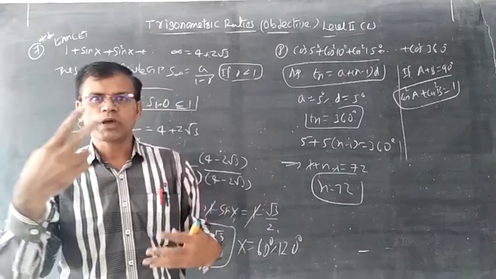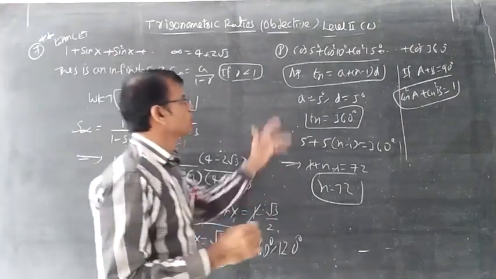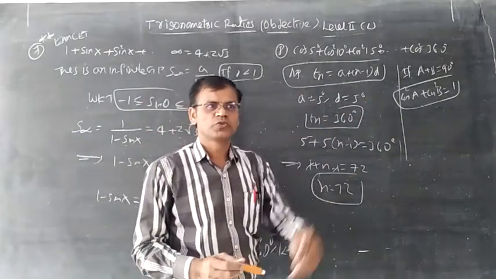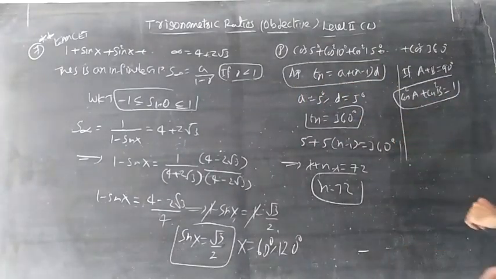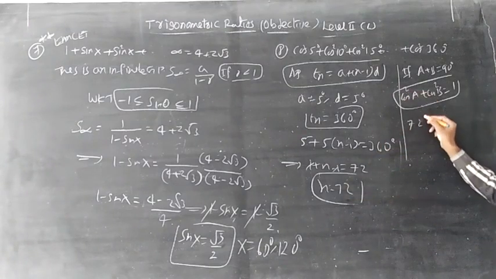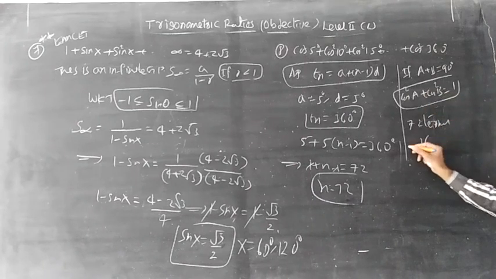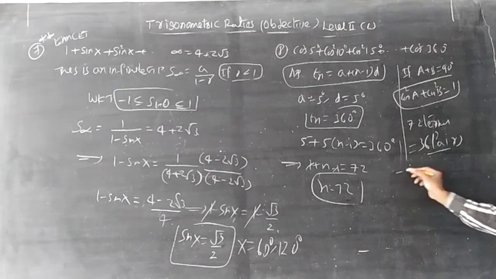So for 2 terms we are getting 1 value. 72 terms are there, so 72 terms can be understood as 36 pairs. So the value is 36. See the option. Value 36.